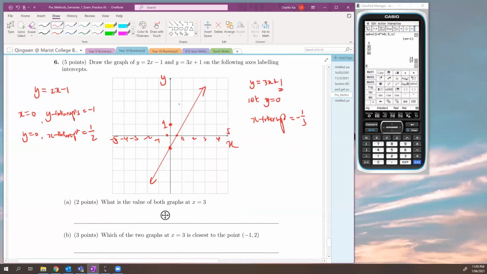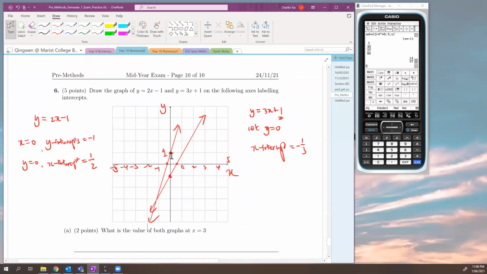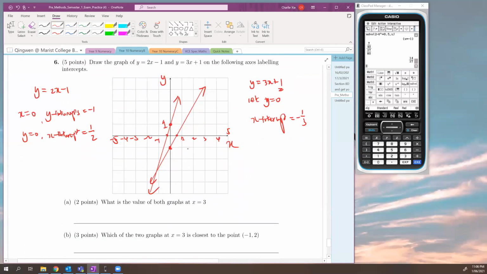That's not working. Oops. Okay, there we go. So that's our second line. All right, so let's finish. Oh no, hang on. Just don't forget your intercepts. We have to label it. So -1, that's 1/2. That's -1/3, and that's 1. Okay.